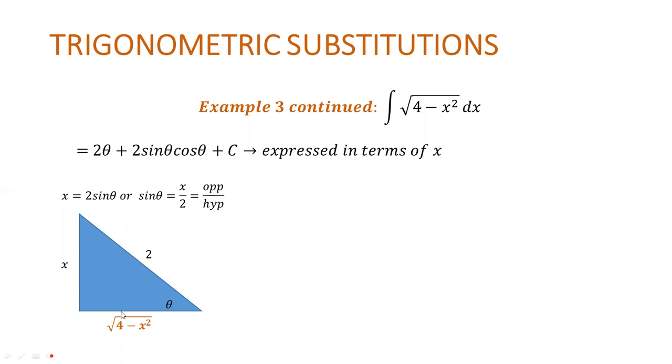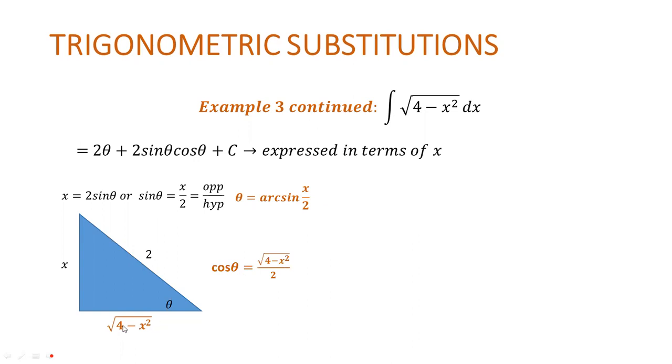Cosine theta is square root of 4 minus x squared over 2. What about theta? If sine of theta is x over 2, then theta must be an arcsine function. So theta is an arcsine of x over 2. Do you follow? So theta will now be an arcsine of x over 2. So that's what you're going to place there.